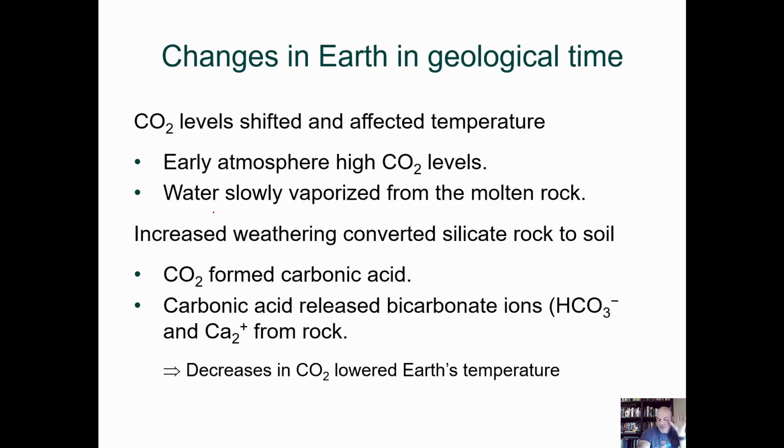So during this time, an important player in changes that occur on the planet is carbon dioxide. Carbon dioxide is important because it is a greenhouse gas, which means it can absorb heat energy, called infrared, from the sun. As it comes in, the molecule absorbs it, which causes the bonds to bend.